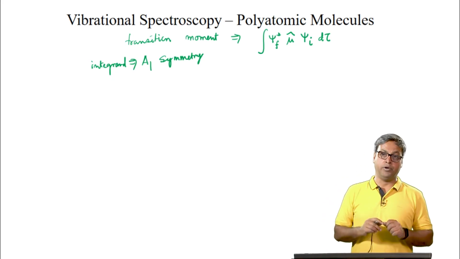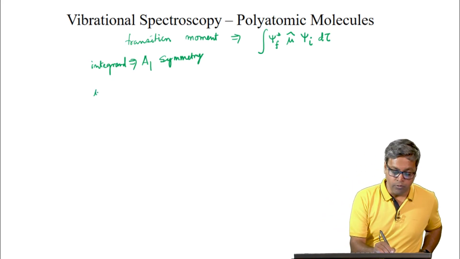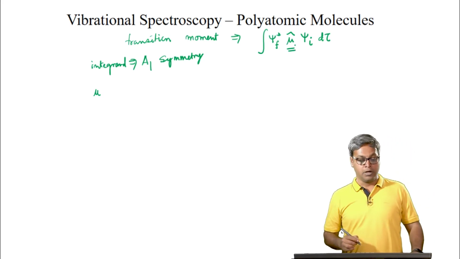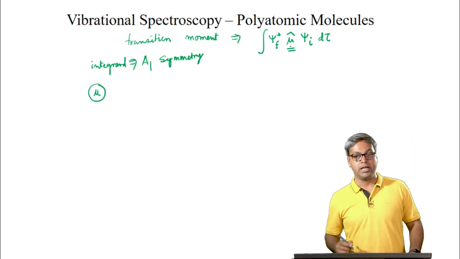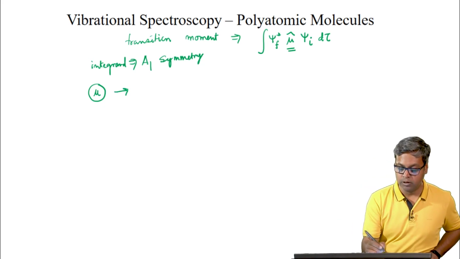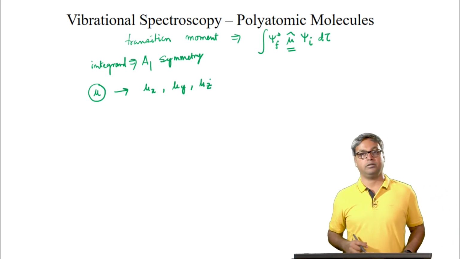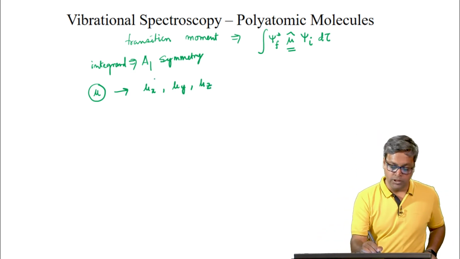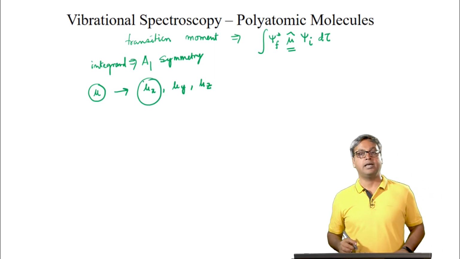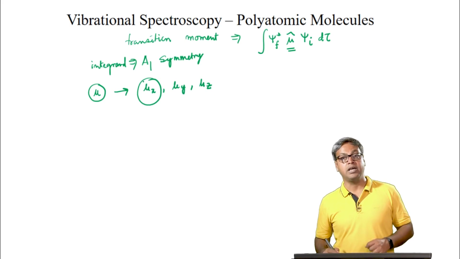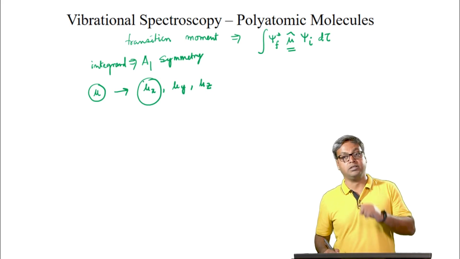The dipole moment mu, because we have this dipole moment operator. So, this mu can be broken down to mu x, mu y and mu z. So, this mu x can be written as the sum of the charges times the x coordinate of the charges.